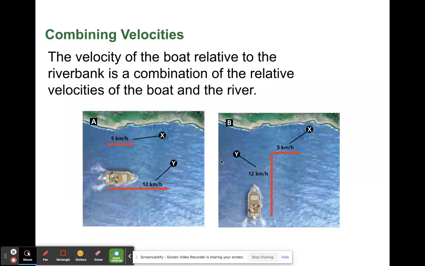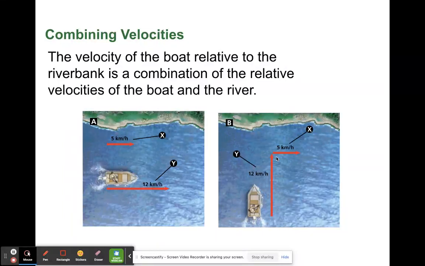So we have this little arrow here. Notice that this arrow is shorter than this arrow, but it represents the flow of the water at 5 kilometers per hour. So this is probably some little riverbank or something like that. And then the boat itself is traveling at 12 kilometers per hour. So then the question is, how fast is the boat really traveling? Well, if you were standing here on the shore, the boat would be traveling 17 kilometers per hour.